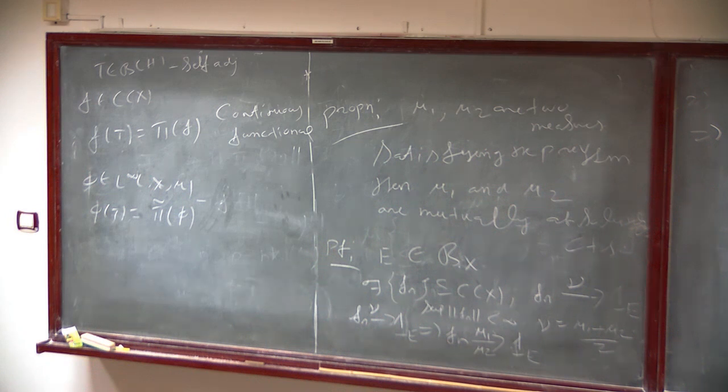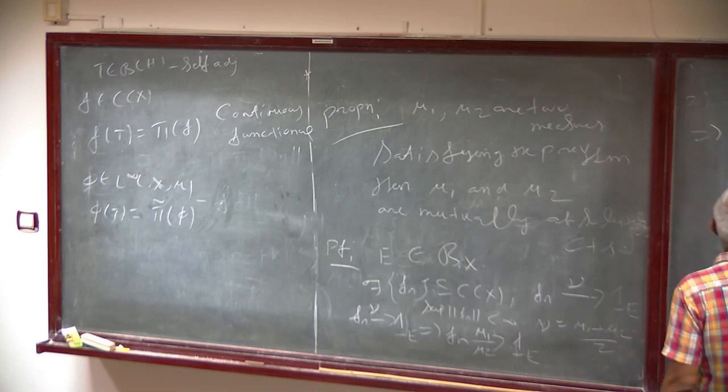Pi mu1 of 1 converges strongly. That also, pi mu2 converges to pi of 1.